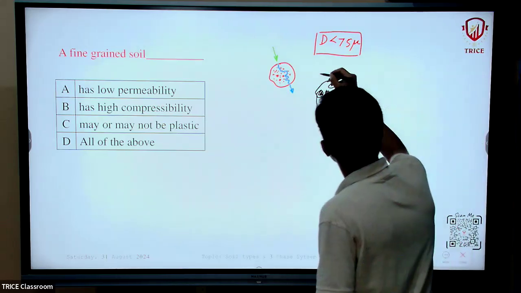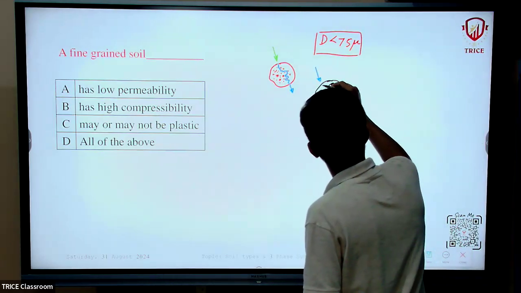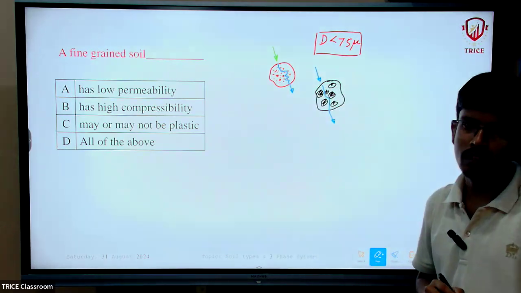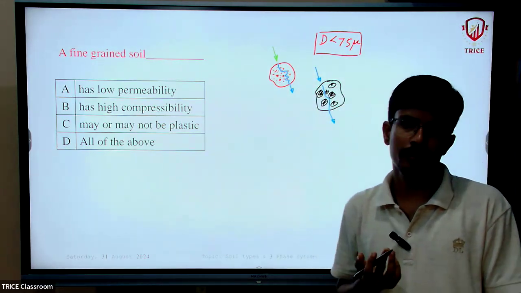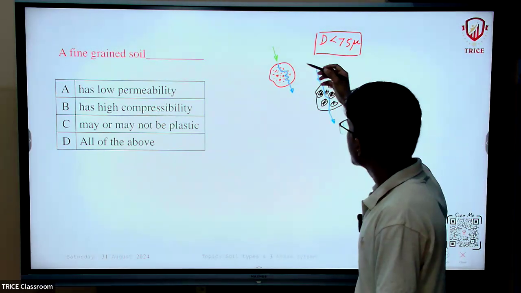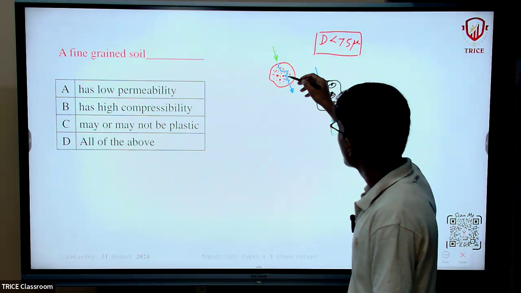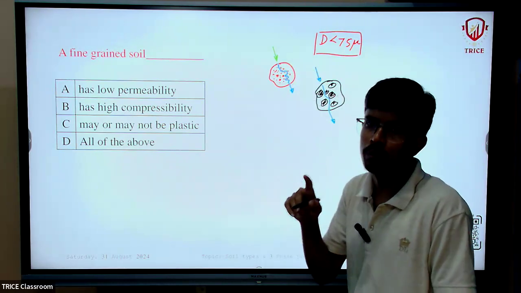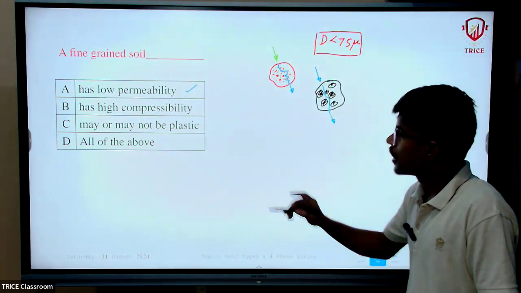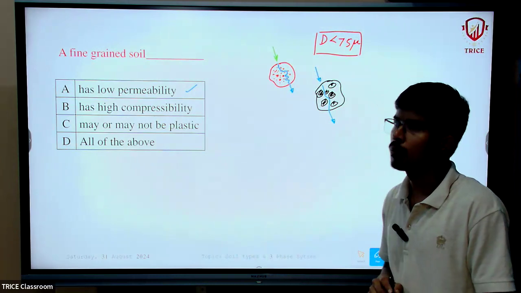When we have water, it can easily pass through, so coarse grained soils are highly permeable. For a fine grained soil, the path traced by the fluid particle takes a longer time, and that we call low permeable soil. Then the second option is high compressibility.